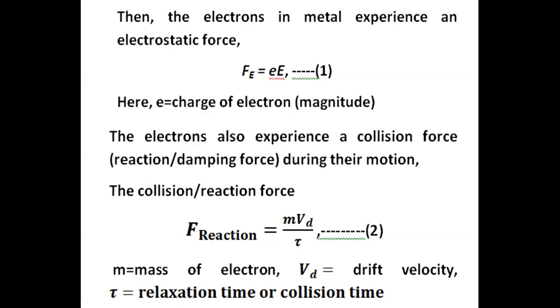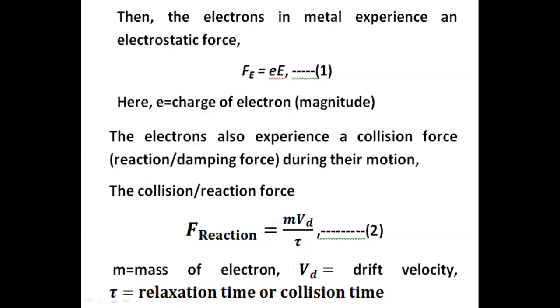That means between two successive collisions, the electron is traveling for some time. That particular time we call relaxation time or collision time. So the collision force or reaction force is given by m V d by tau.